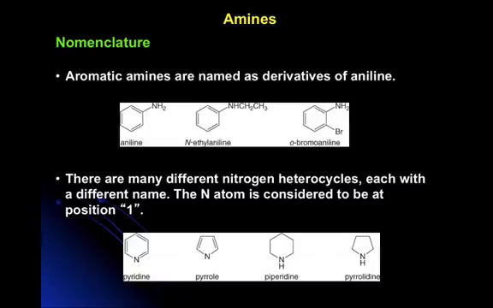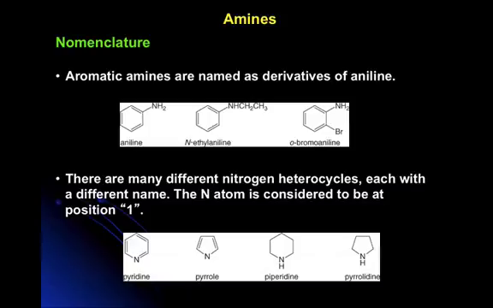Now we can have other groups attached to the nitrogen as well. So here we have an ethyl group attached to the nitrogen, and so this becomes N-ethyl aniline. What does the N signify? It's attached to the nitrogen, that's right.